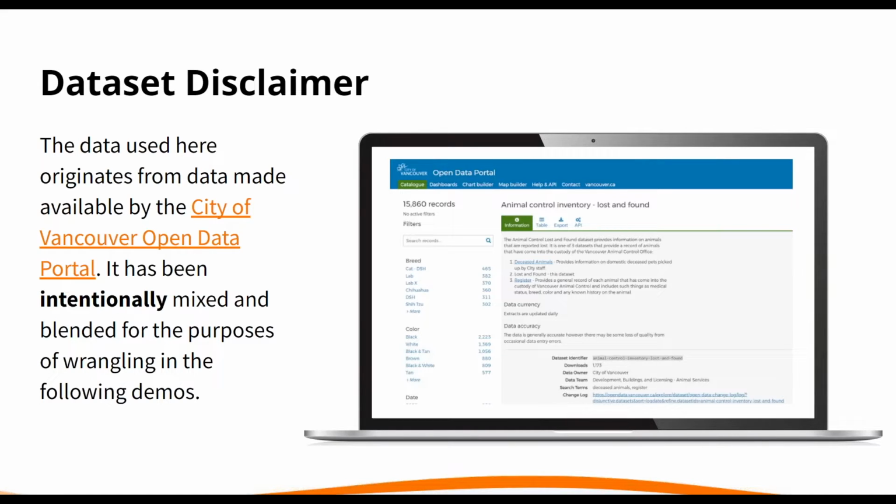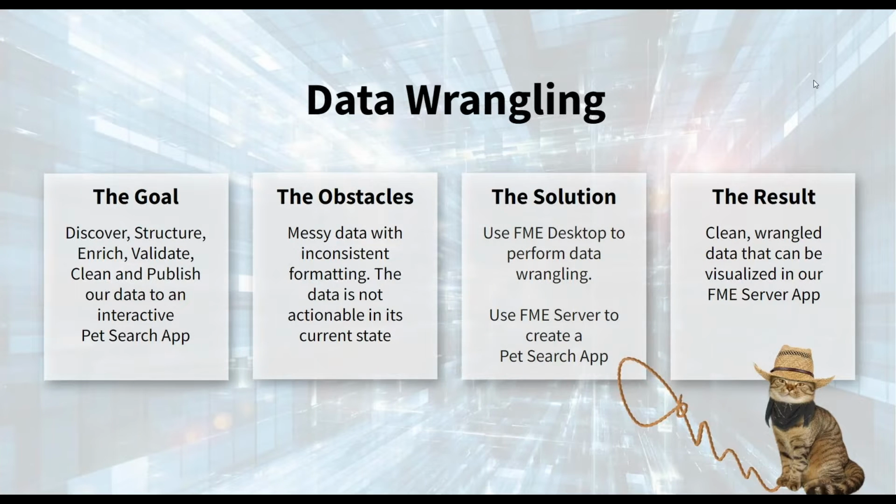So with that, we can go into our overview slide of what we want to achieve with data wrangling. Our goal is to discover, structure, enrich, validate, clean, and finally publish our data to an interactive pet search app. Along the way, our main obstacle is messy data that's inconsistent in its formatting, and the data is not really usable in its current state.